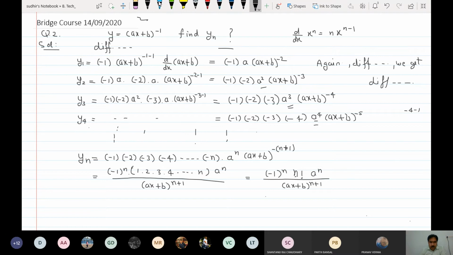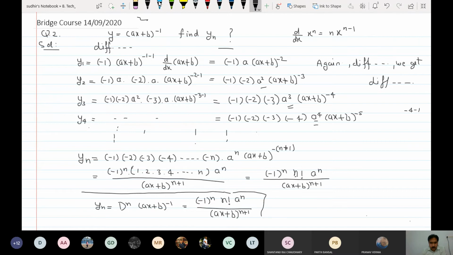So in that way we can write yn, that is the nth derivative of this expression (ax plus b) raised to the power minus 1. Its formula is minus 1 raised to the power n, n factorial, a raised to the power n upon (ax plus b) raised to the power n plus 1. So that is called the nth derivative. We can remember this formula.